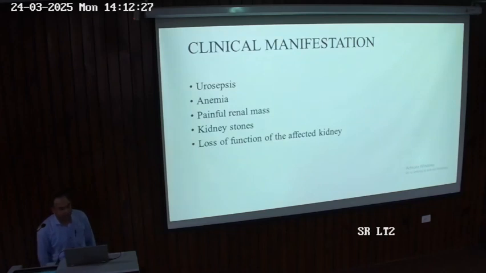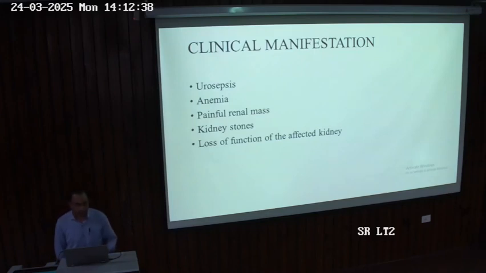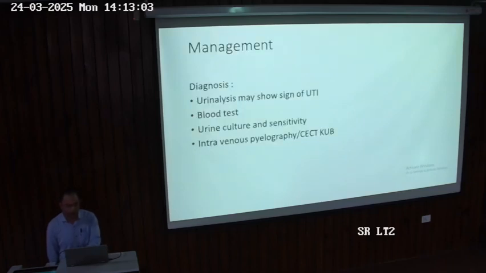Clinically, sometimes the disease is very severe and needs ICU admission, and the patient usually presents in urosepsis because of stone obstruction and pyelonephrosis. Because of the chronic condition, the patient develops anemia of chronic disease, a painful renal mass and stone. The patient may have a history of recurrent calculuria, and because of pyelonephrosis there is renal parenchymal destruction by inflammation, so the kidney is usually poorly functioning. Diagnosis is by urine analysis and blood tests.